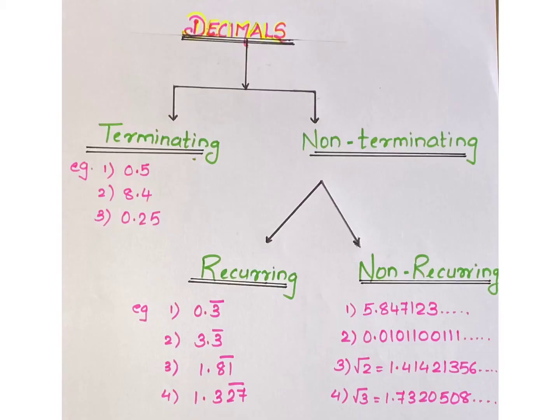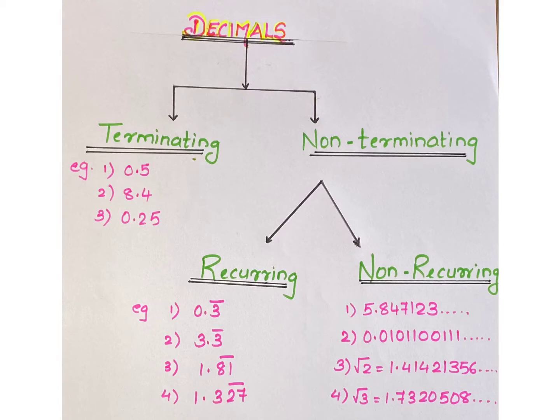So decimal expressions can be classified into two categories: terminating decimal expressions and non-terminating decimal expressions. Terminating means which ends, for example 0.5, 8.4, 0.25. And non-terminating are again classified into recurring and non-recurring.